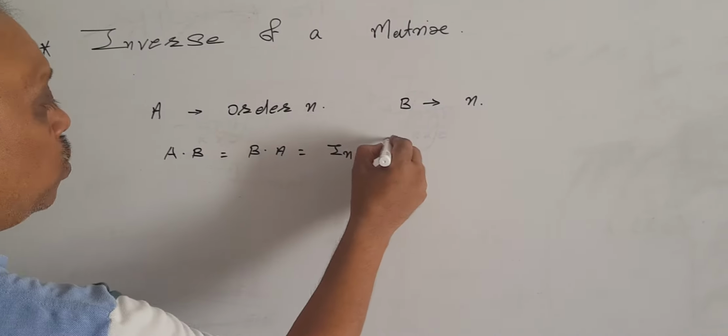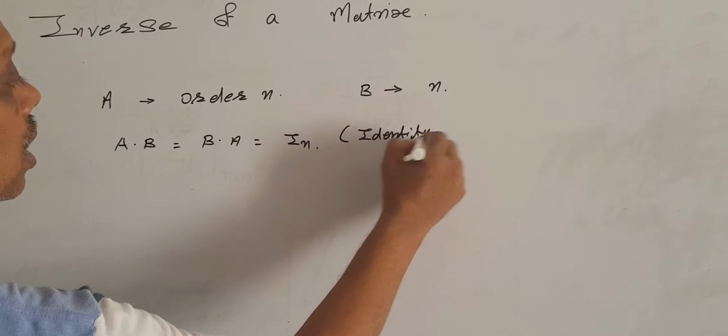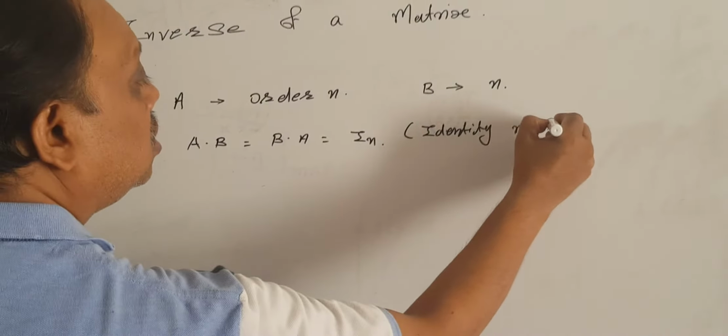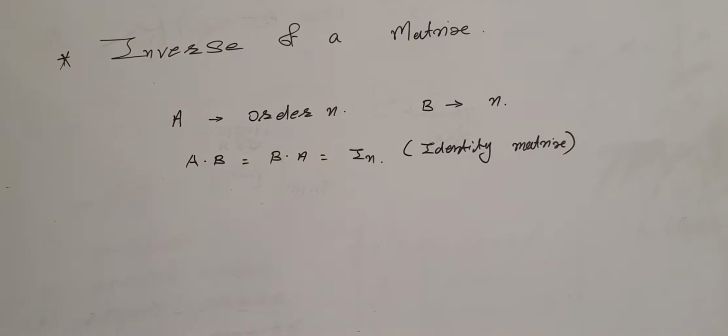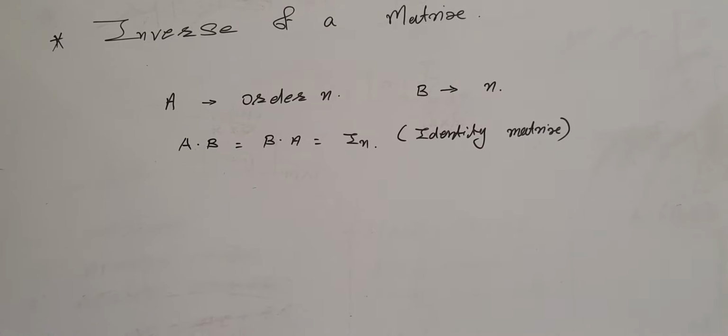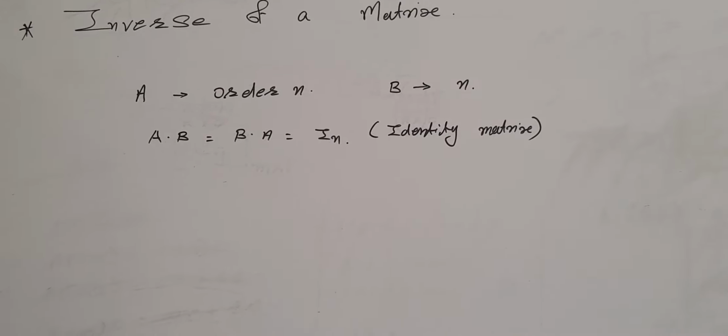This I means identity matrix. In that case, B is called inverse matrix of A.